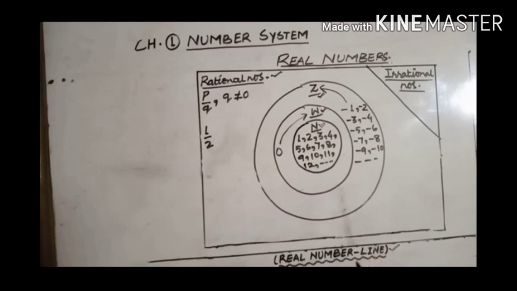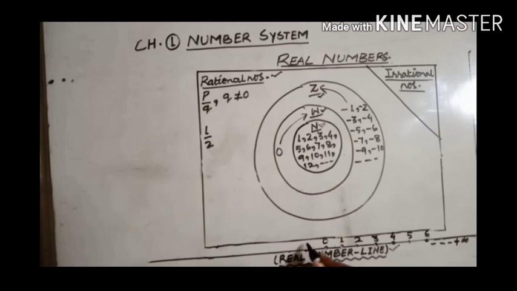On this real number line, just at the middle of it, 0 is there, and as we go to the right of it, positive numbers are located, and to the left of it, negative numbers are located, like +1, +2, +3, +4, +5, +6, and so on up to +infinity.